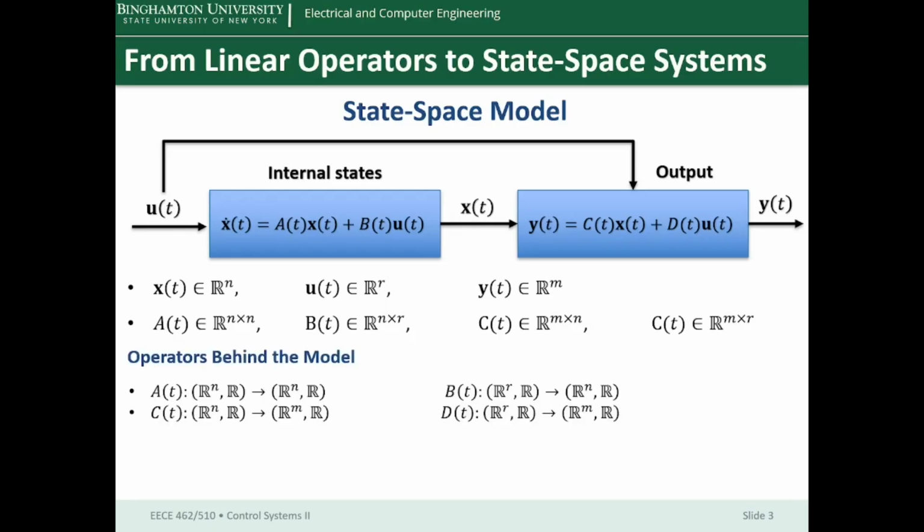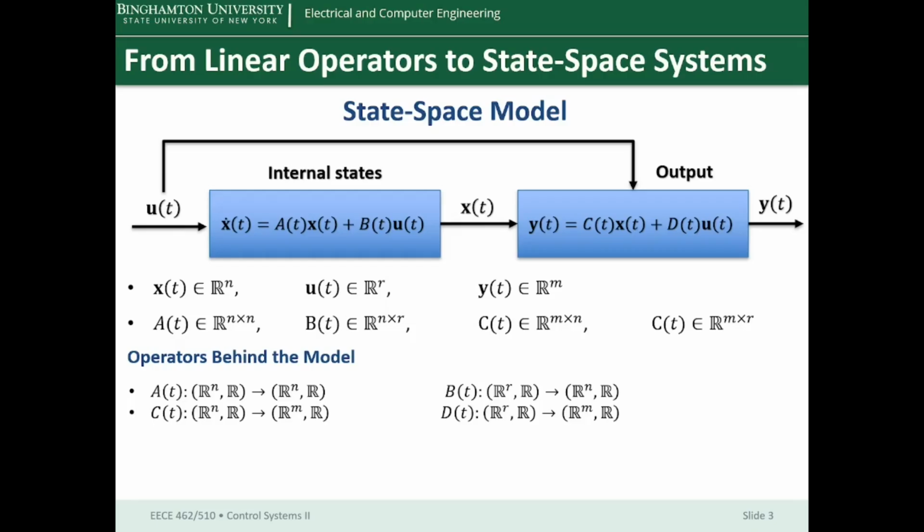Now, each of these matrices has a job, a geometric role. A governs the internal dynamics, how the state changes by itself. B shows how the input influences the state. C determines what we actually see, mapping the state to the output. And D gives the direct feedthrough, connecting the input straight to the output.